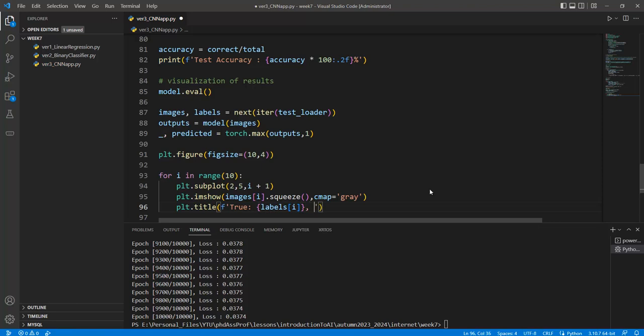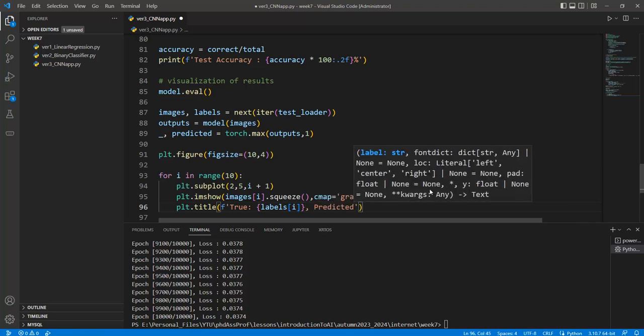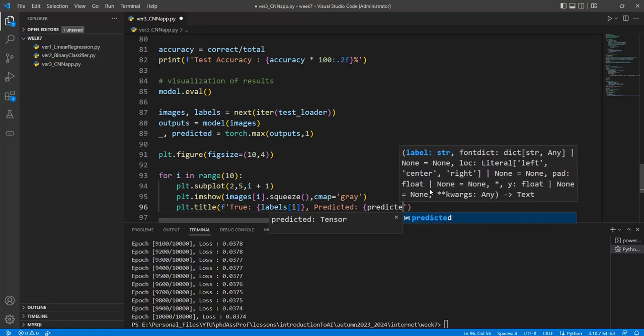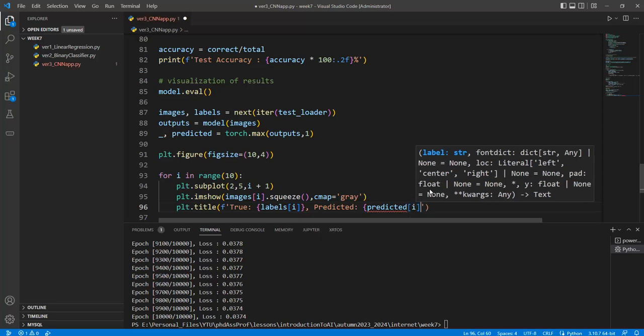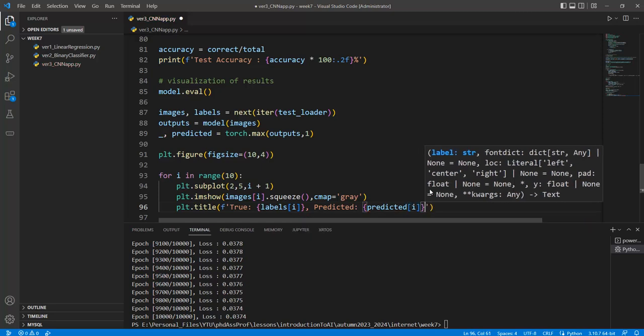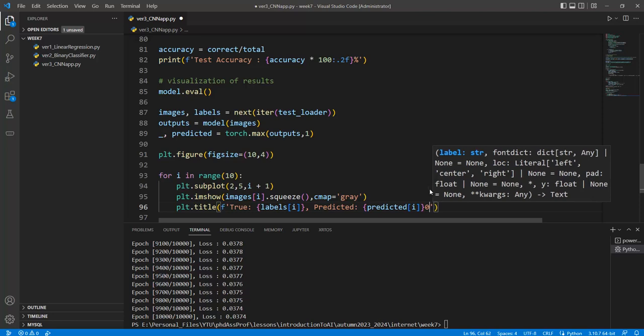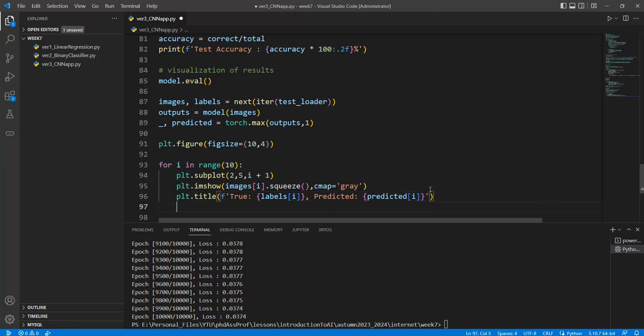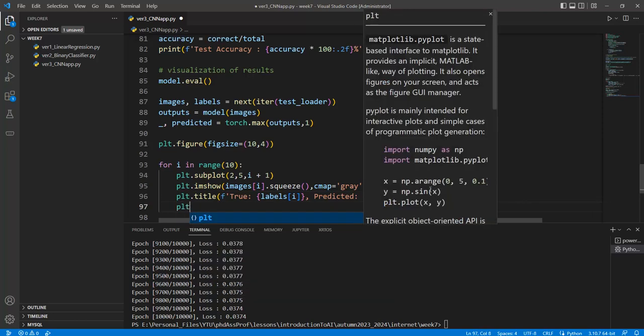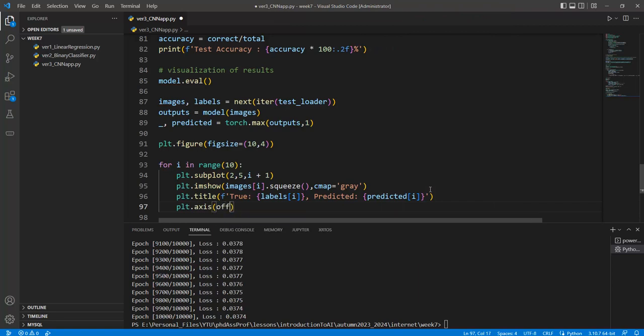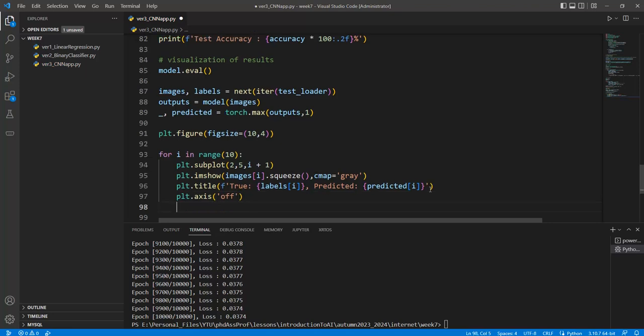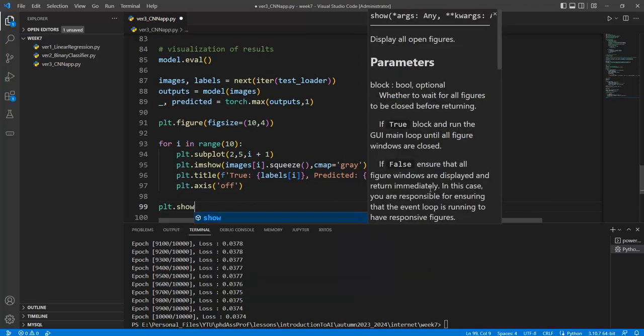And after that the predicted, which is the predicted i, right? Yes. After that, plt.axis off. Yes. plt.show must be given.